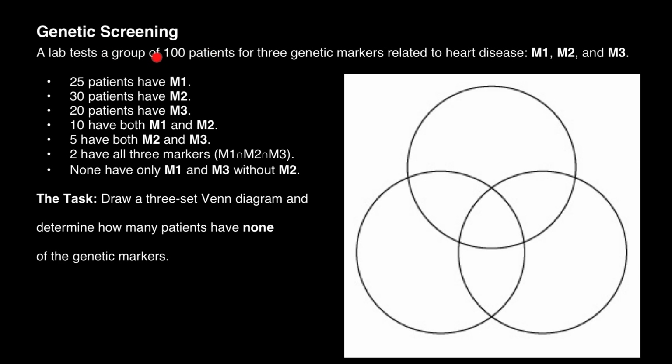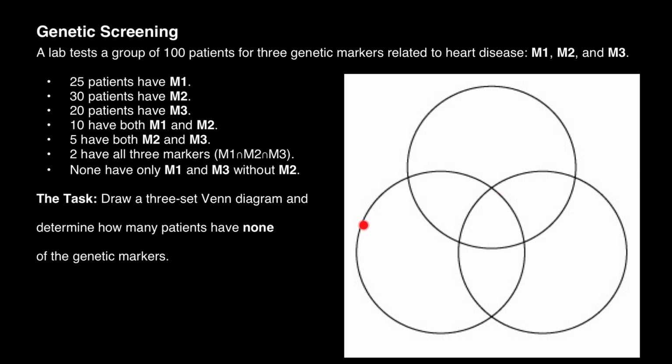A lab tests a group of 100 patients for 3 genetic markers related to heart disease: M1, M2 and M3. 25 patients have marker M1, 30 have M2, 20 patients have M3, 10 have both M1 and M2, 5 have both M2 and M3, and 2 have all 3 markers, so none only have M1 and M3 without M2. So here's the task: draw a 3-set Venn diagram and determine how many patients have none of the genetic markers.